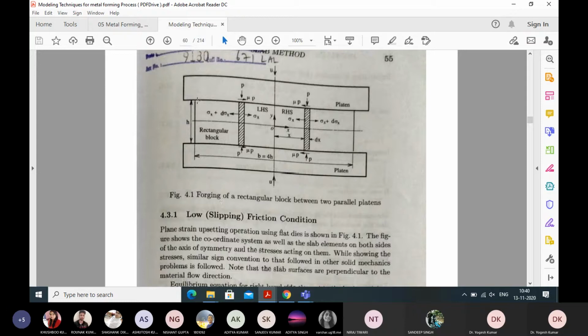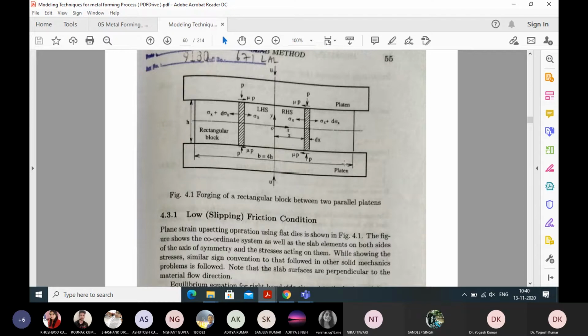This block has dimensions of height h and length b. The length is b, height is h, and the width is w, which is not visible in this rectangular block, but consider the width of this rectangular block is w. And it is being compressed by two plates, plate 1 and plate 2.